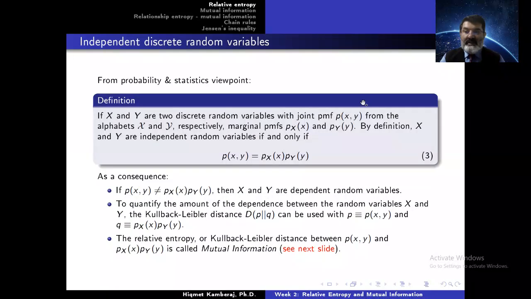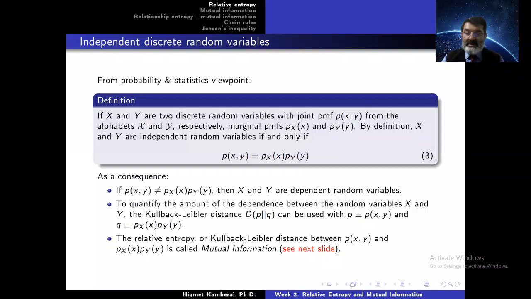Now we are going to give a definition of independent discrete random variables from the probability and statistics viewpoint. If X and Y are two discrete random variables with joint probability mass function p of x and y from the alphabets chi and epsilon respectively, and marginal probability mass functions p of x and p of y, by definition, X and Y are independent random variables if and only if p of x and y is written as a product, p of x times p of y.